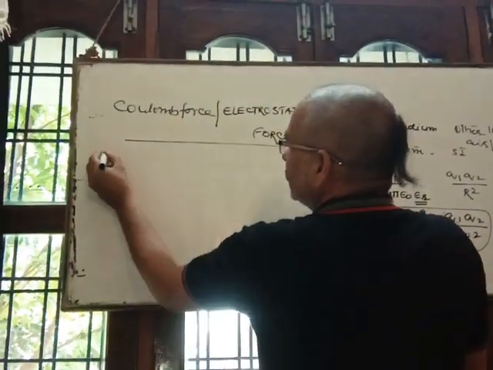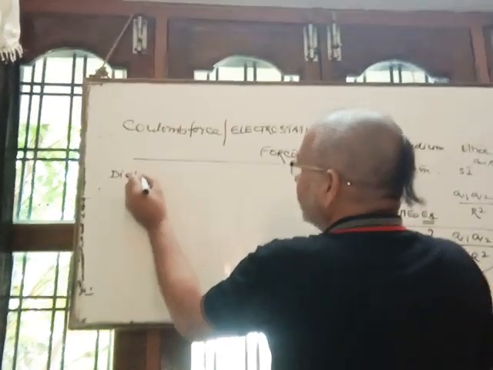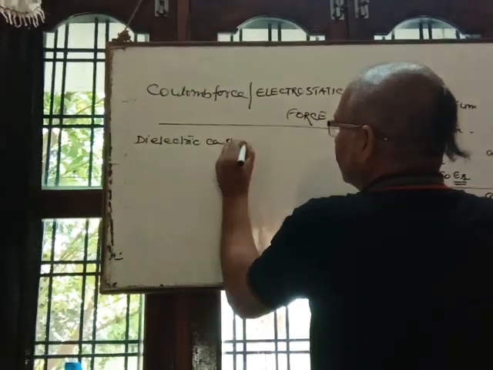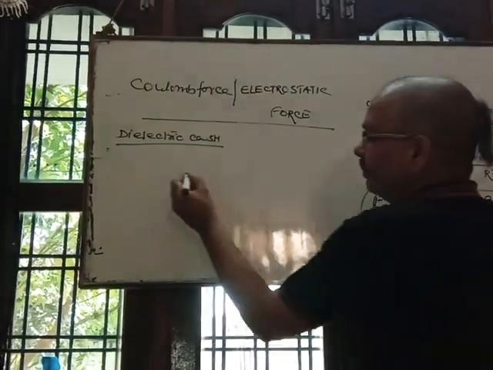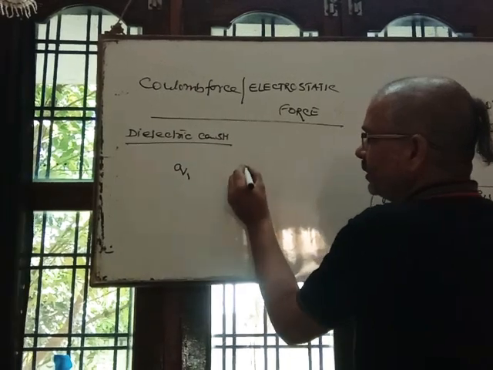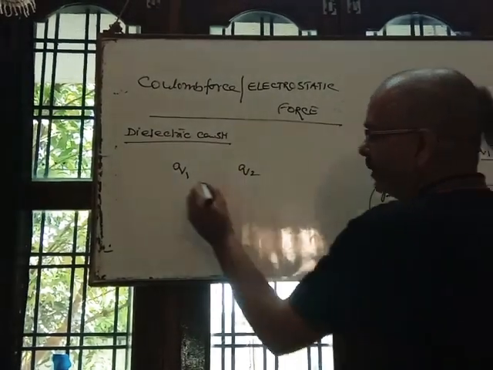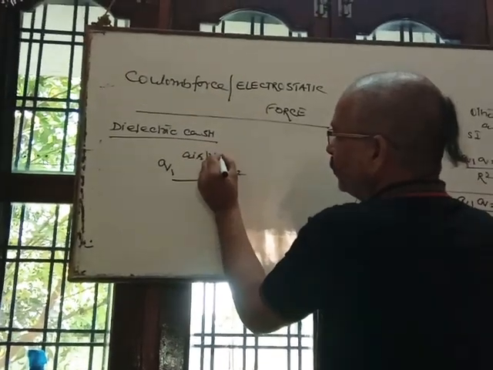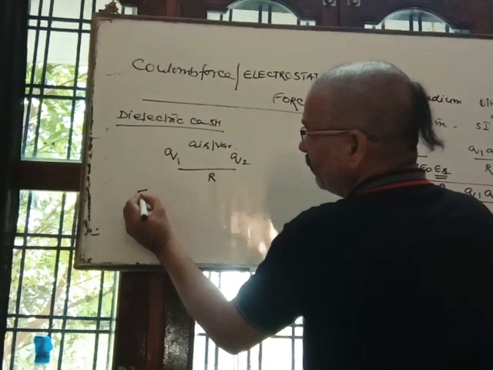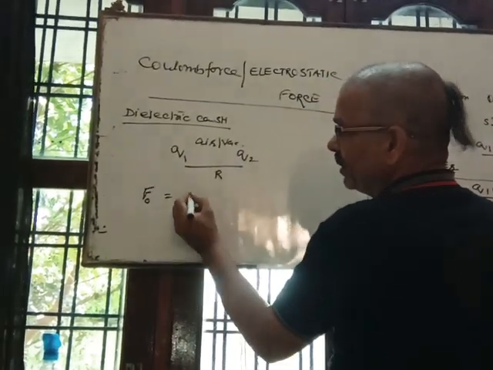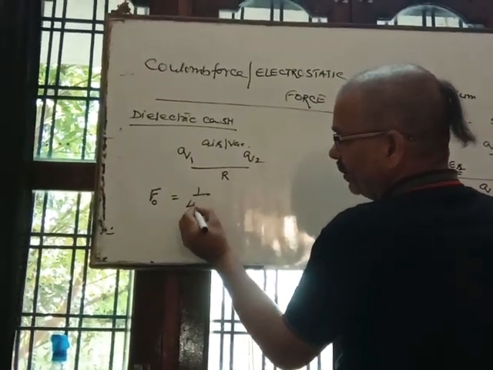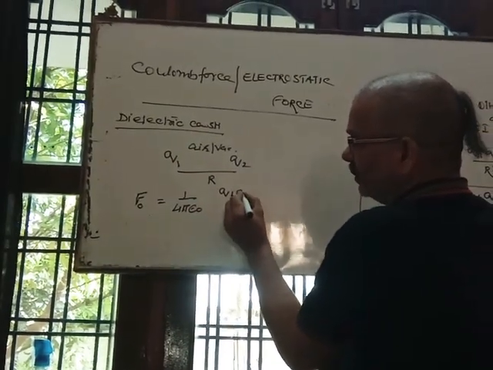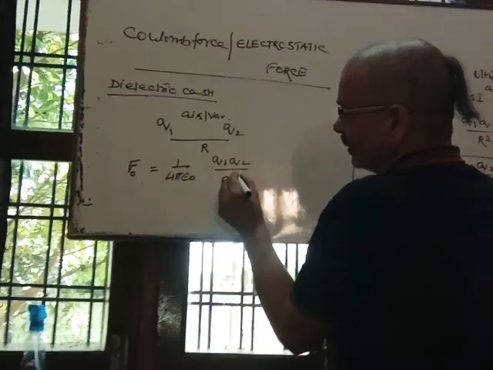So let's see what the dielectric constant is. Suppose we again have two charges Q1 and Q2 separated by distance r in air or vacuum. Then the electrostatic force between them, suppose it is F naught, is equal to 1 upon 4 pi epsilon 0 Q1 Q2 by r square.